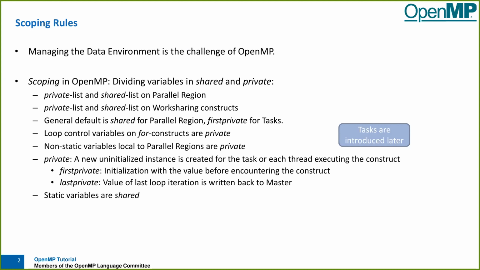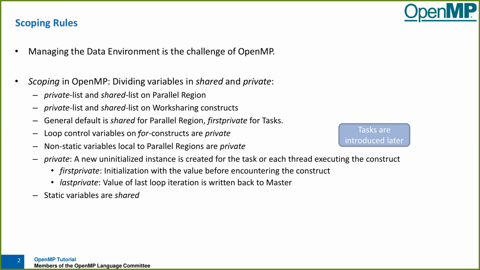So it initializes the variable with the corresponding value from the initial thread. Otherwise, if you don't use firstprivate, variables are uninitialized. And then there's also the loop control variable.